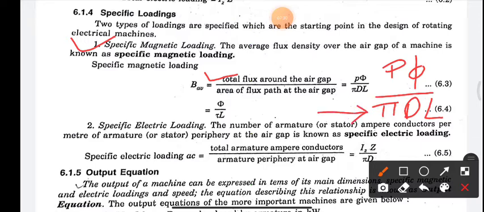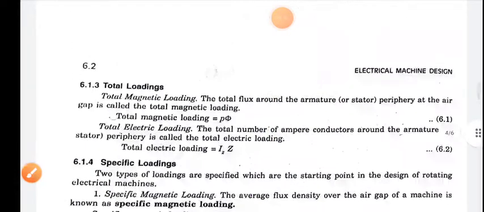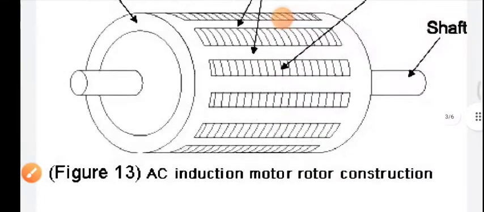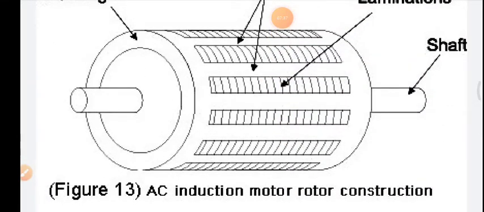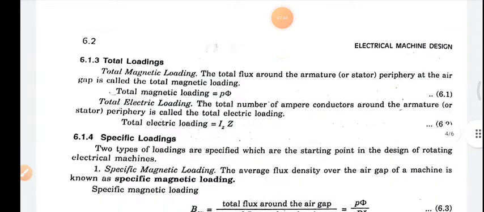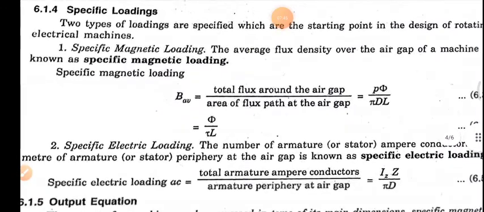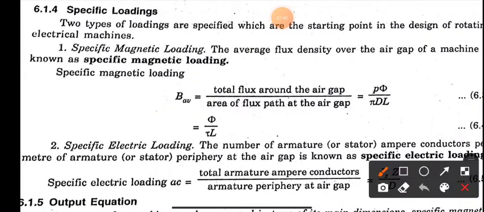It is the curved surface area of a cylinder, because when we look at the structure of our rotor, it is a cylinder, and pi dl is the curved surface area of the cylinder. So we get the equation of specific magnetic loading as P phi upon pi dl, denoted by B average, because it is the average flux density over the air gap.